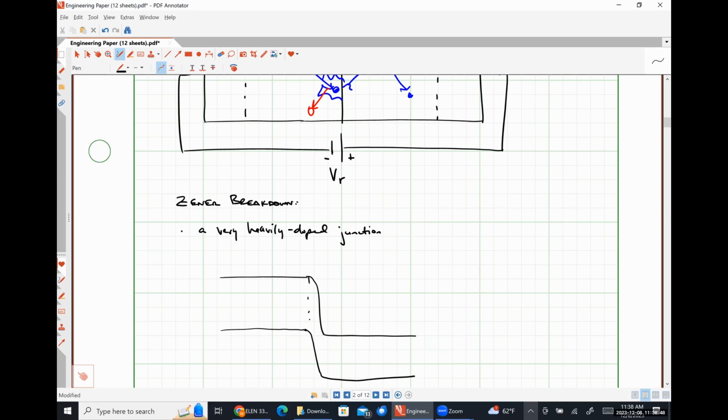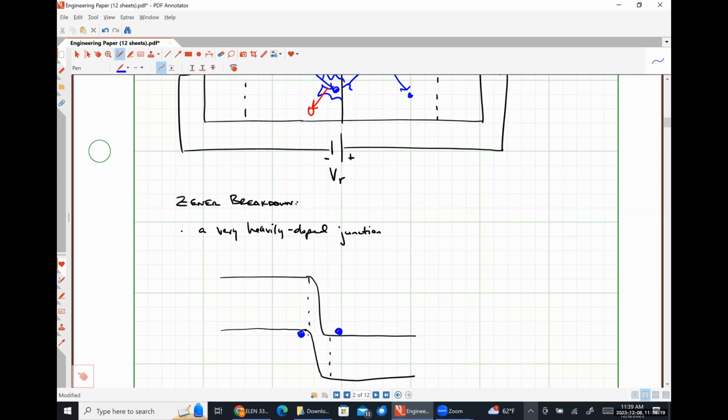Where, like I said before, only where the bands bend are we in our depletion region. So our depletion region is very, very small. And we should be able to see that electrons in the valence band of the P side of the crystal see almost an equal potential surface over here on the conduction band of the N side of the crystal.